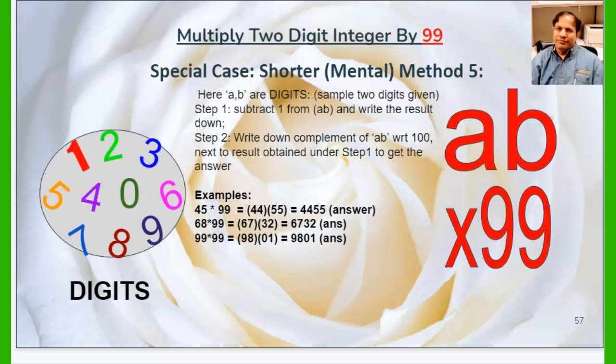If you multiply two-digit number by 99 by the shorter method, then this is much shorter. If you can think of 99 as 1 less than 100, and this is applicable for any multiple of 10. In this case, any multiple of 10, in this case it is 100. And so let's see how it is.